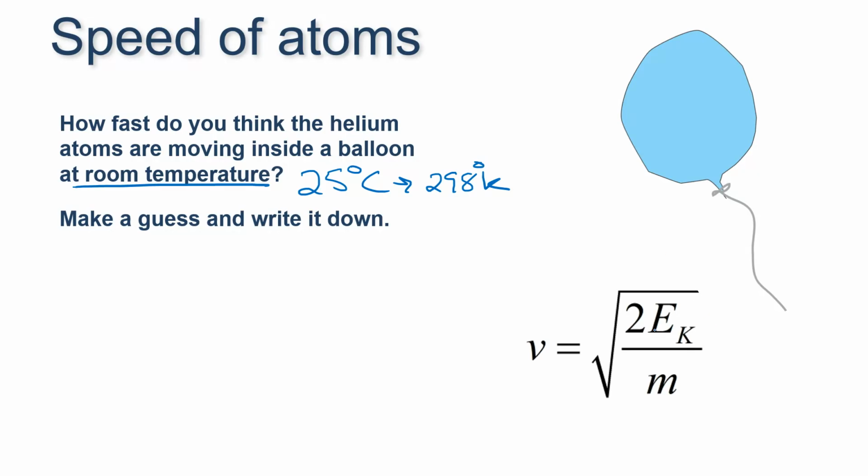I got to find this value here. Okay, so I'm going to say EK is equal to 3/2 times Boltzmann's constant, which is 1.38 times 10 to the negative 23, you guys should be writing this down, times the temperature, which is 298, right?